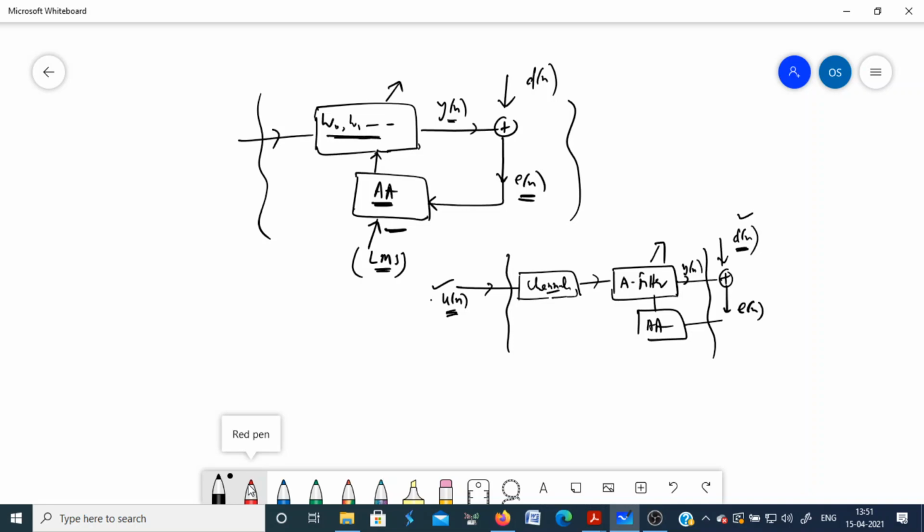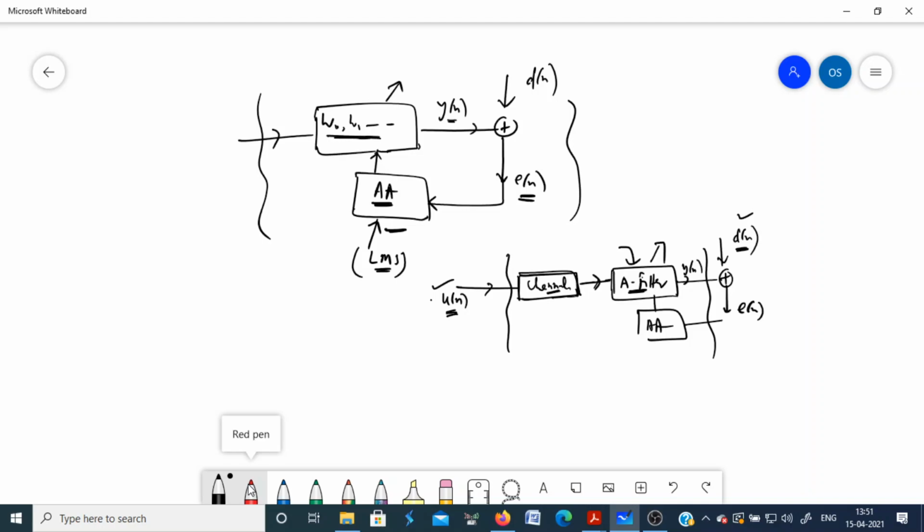In the previous equalizer that we discussed, the zero forcing equalizer, you must know the response of the channel, then only you can find the response of this equalizer. But in this case you need not have any information about the channel statistics or channel parameters. It will adapt itself in such a way that its response will become equal to the inverse of the channel response in terms of transfer functions.